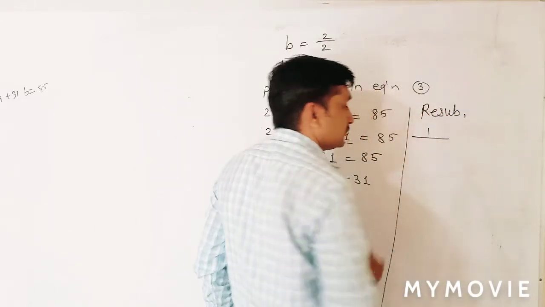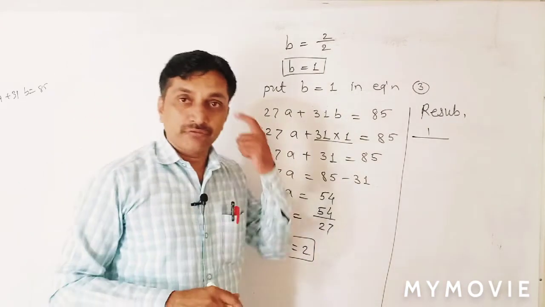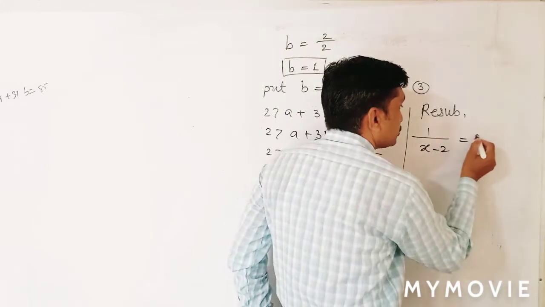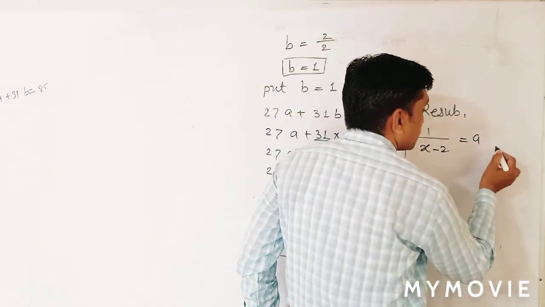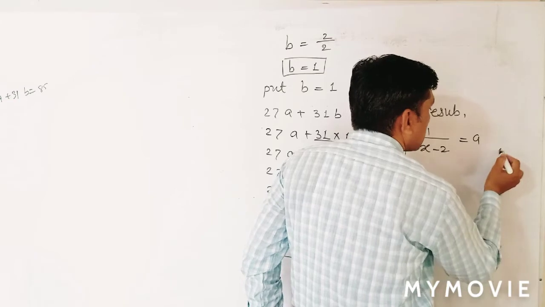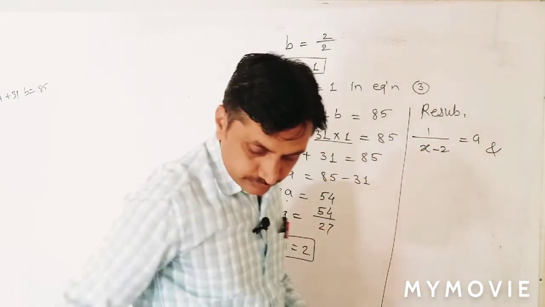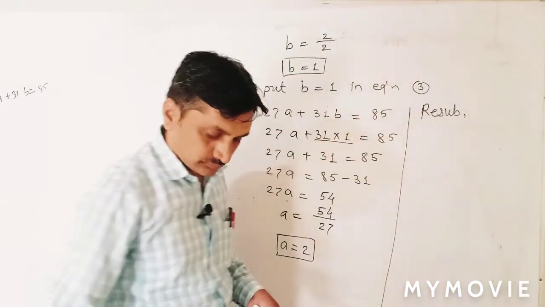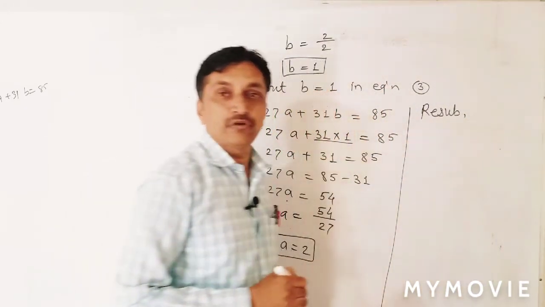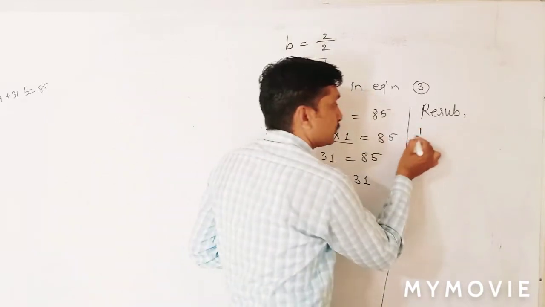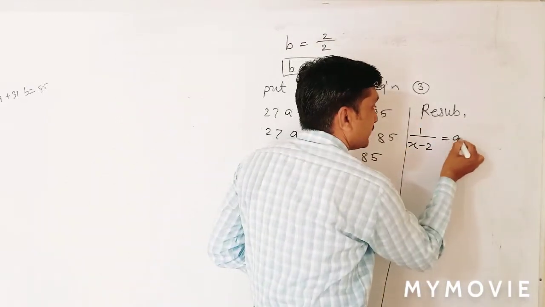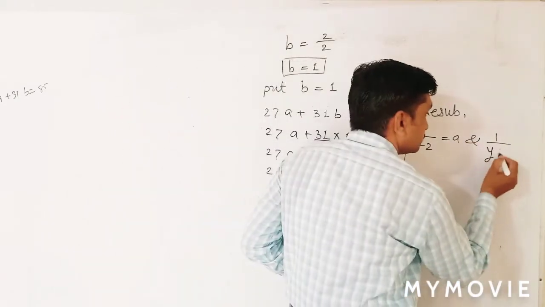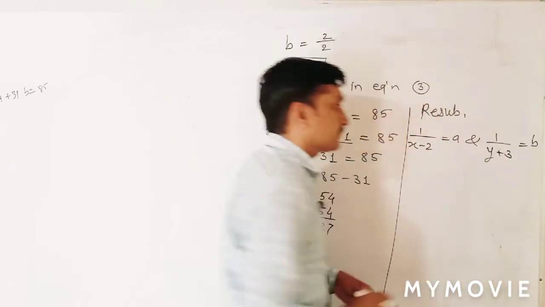Resubstitute. Now that equation where we have put values: 1 upon x minus 2 is equal to a, and we have to resubstitute the values. 1 upon x minus 2 is equal to a, and 1 upon y plus 3 is equal to b.